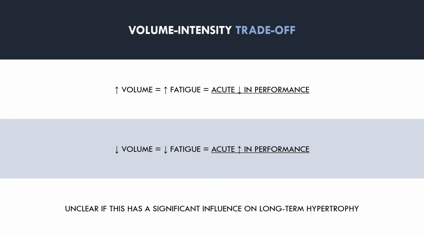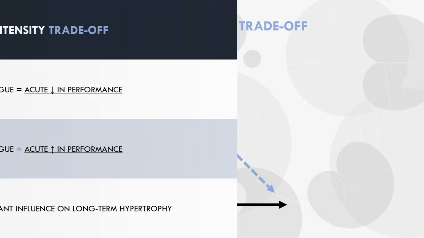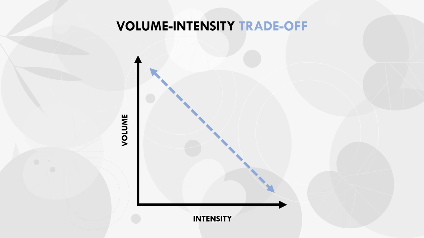However, this is more of an acute fatigue marker, so we don't really know if this will influence long-term muscle growth. So unfortunately, there is usually somewhat of an inverse relationship between volume and intensity. As volume increases, intensity generally decreases, and as volume decreases, intensity generally increases.